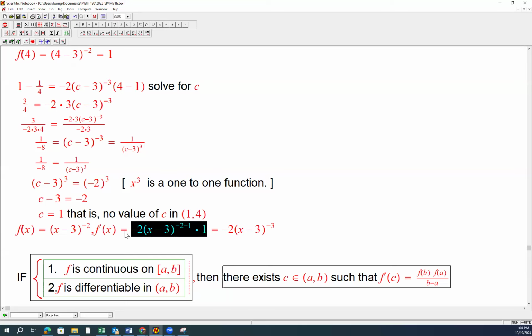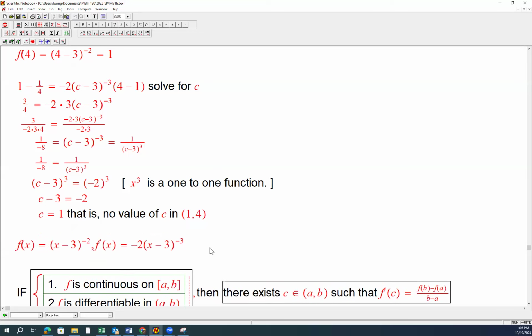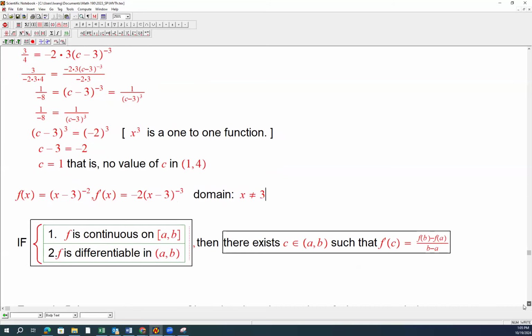So let's look at the domain of the function and its derivative. The domain for the function is x cannot equal 3. The derivative also says x cannot equal 3. The domain for both functions in this case, they're not always the same, but in this case, any real number but 3.